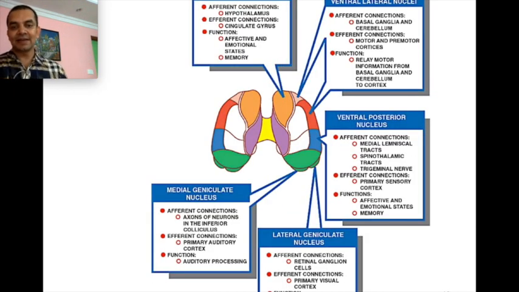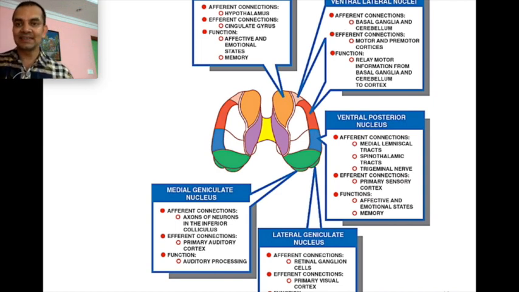Now, this diagram summarizes the individual connections of the nuclei. The anterior nucleus receives afferents from the hypothalamus, and efferents go to the cingulate gyrus. So, this is basically part of Papez circuit, which is part of the limbic system. So, it affects emotion, affective states and memory. Ventral anterior and ventral lateral nuclei receive afferents from basal ganglia and cerebellum.